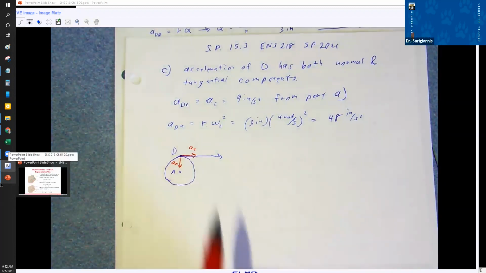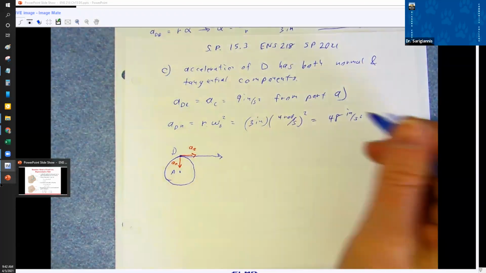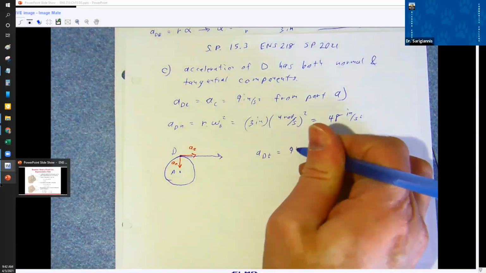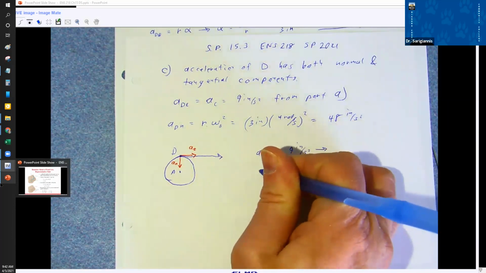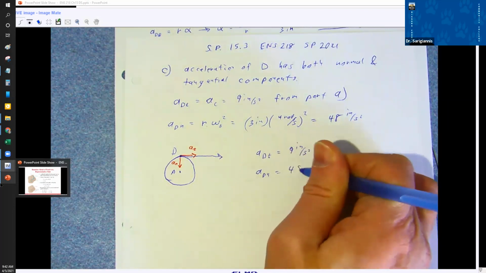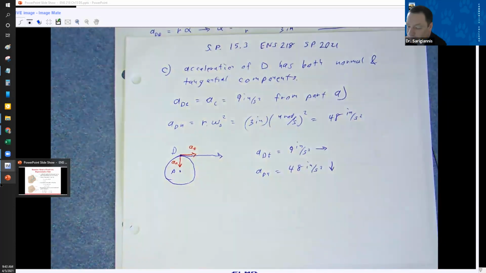And I've got my tangential component. So we have a vector system, right? And we've got A, the normal is 48 inches per second squared down, right?